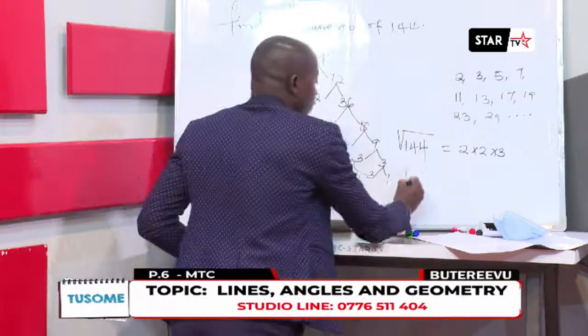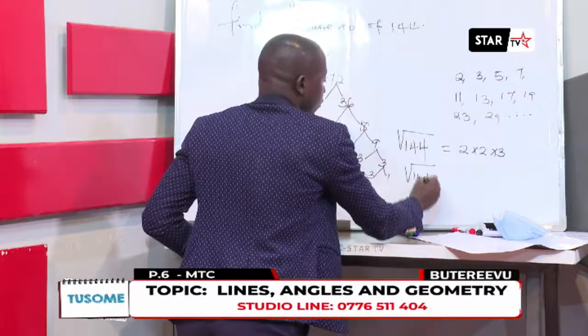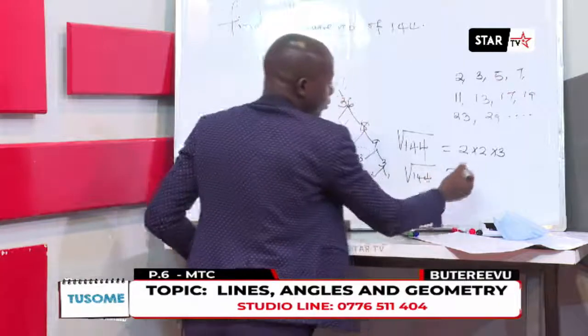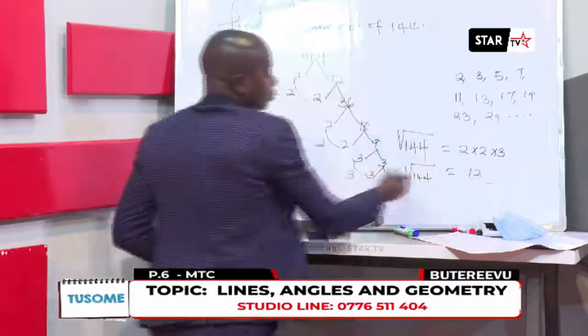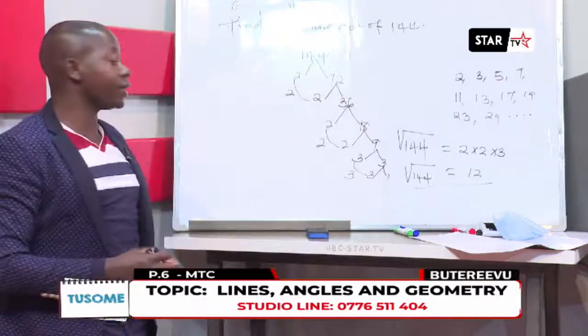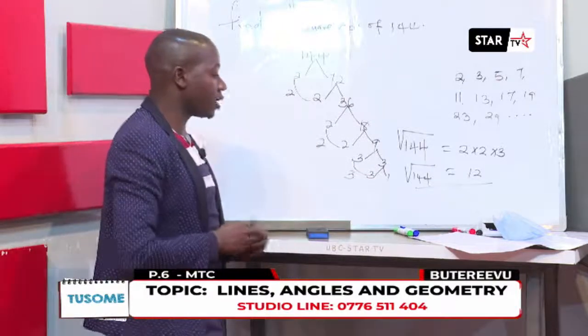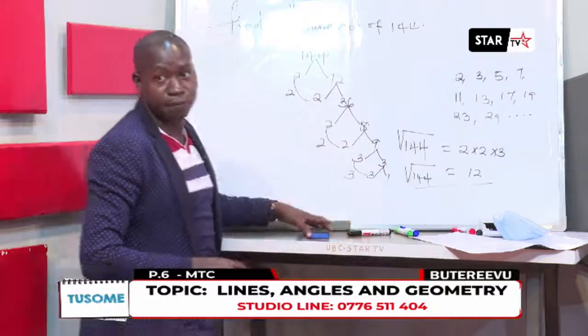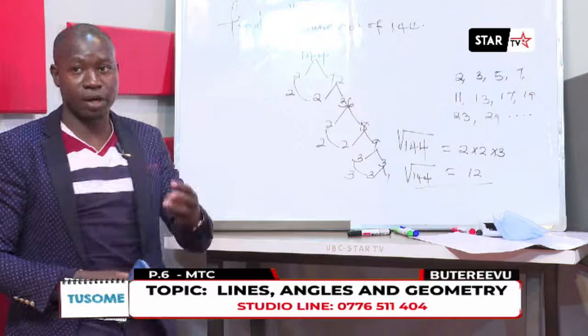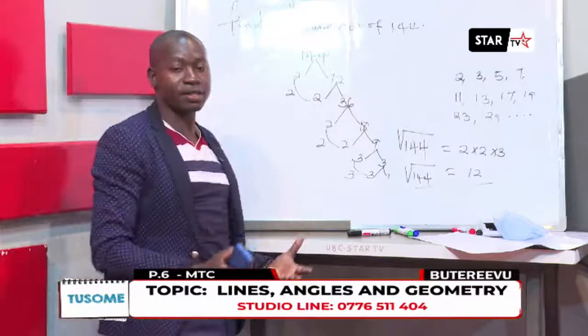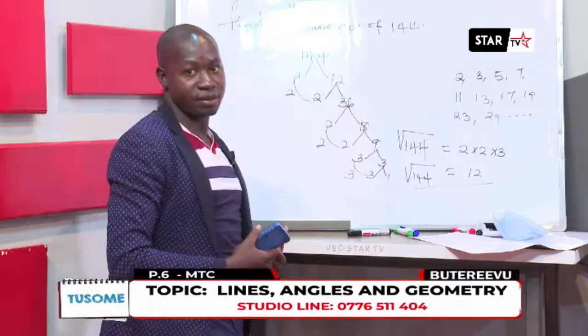So the square root of 144 will be given by 2 times 2, which is 4, 4 times 3, which is 12. 12 becomes the square root of 144. Wow, I think we have brainstormed enough on square roots, square numbers, and prime numbers.